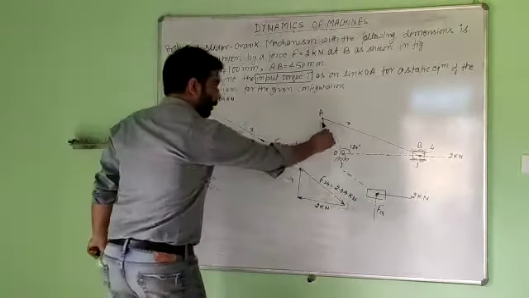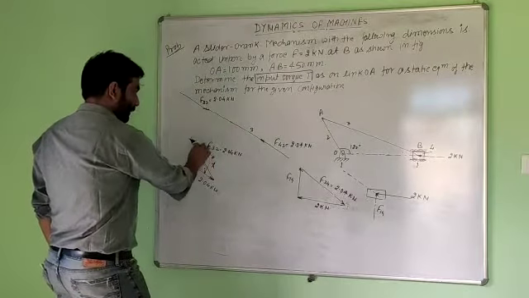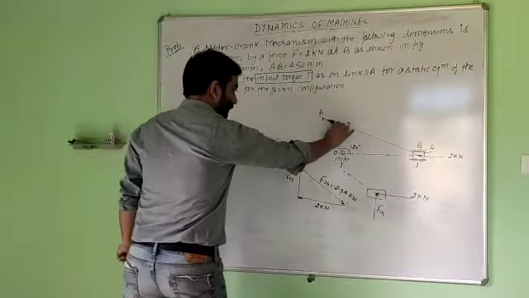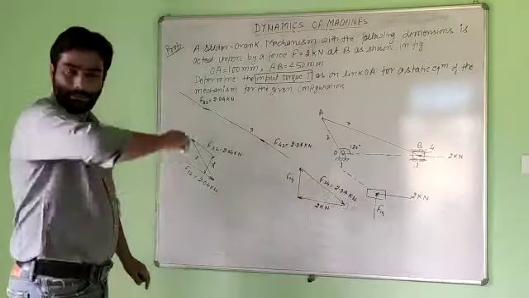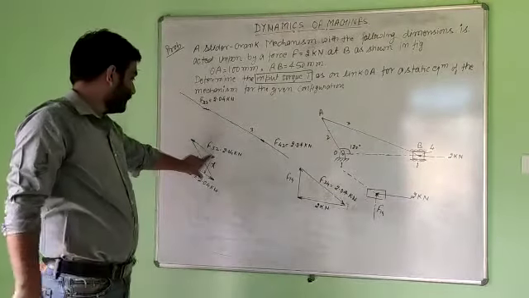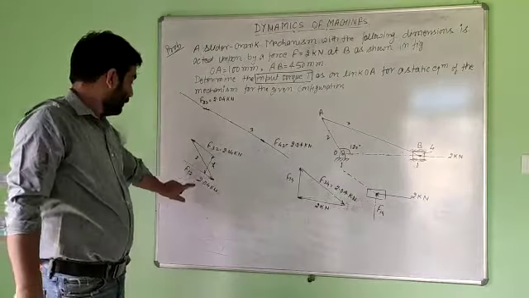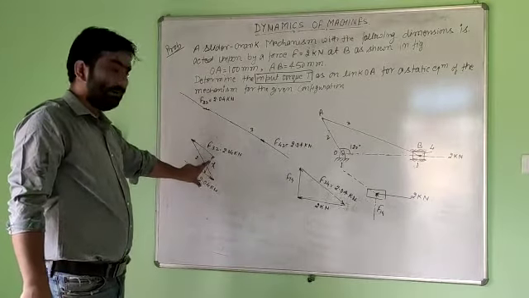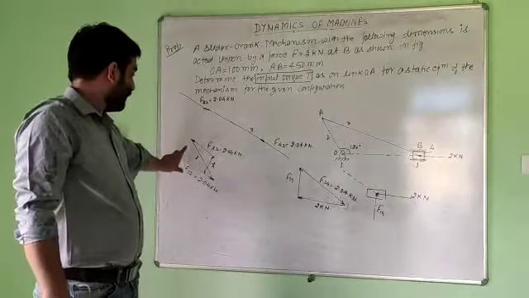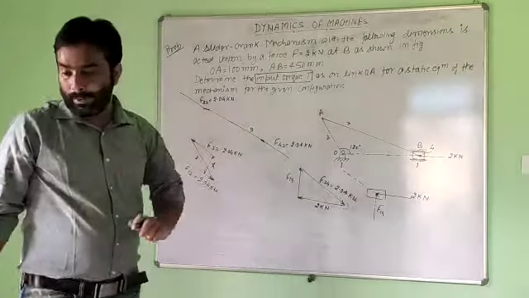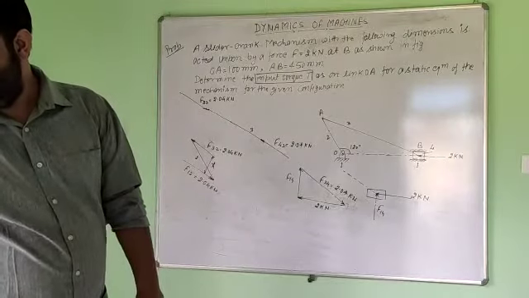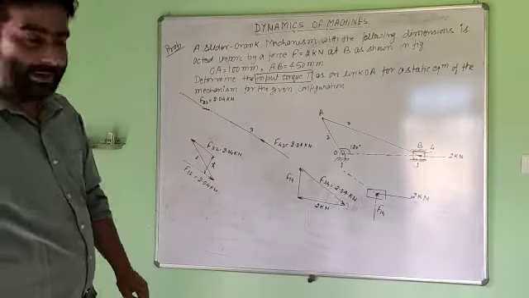Just draw link 2 here, draw a line parallel to this link, and we can calculate the perpendicular distance between these two parallel lines. The value of x is coming 75 mm.